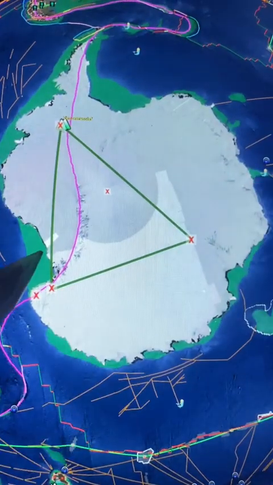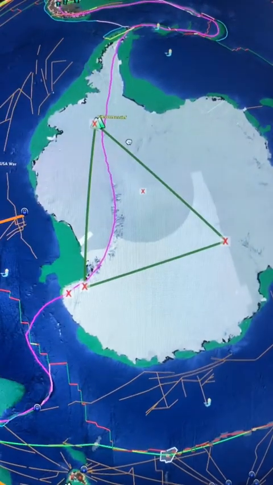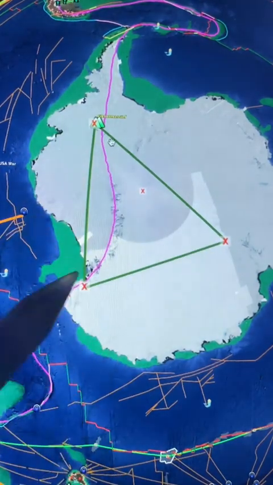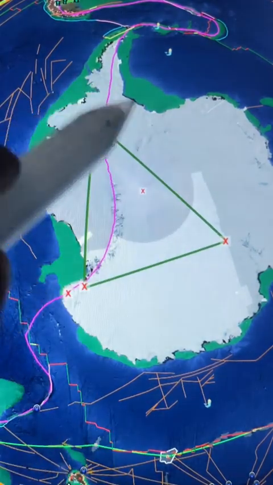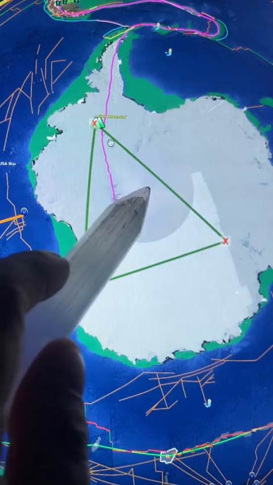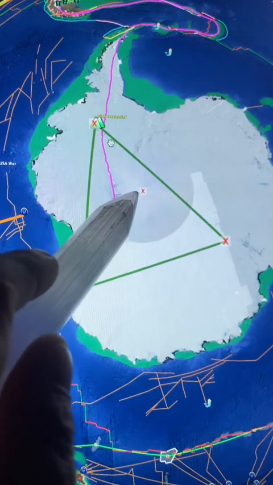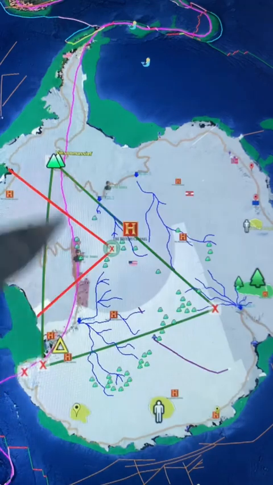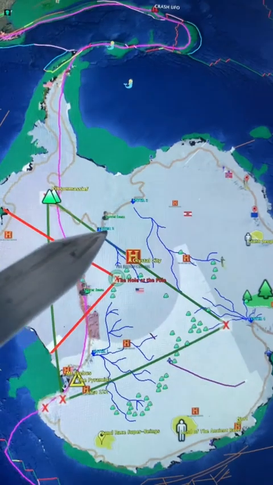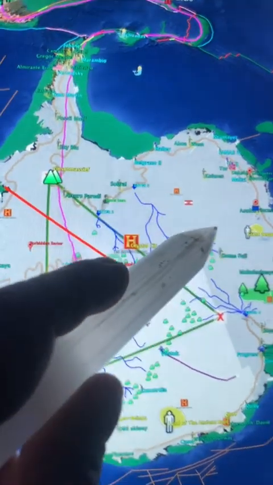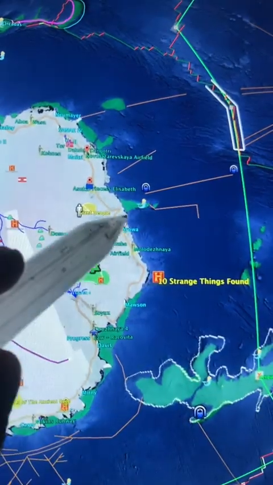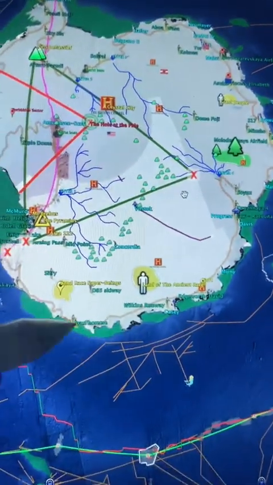And if we end with Antarctica, we have 3 alien bases. They are nearly in a triangle, nearly in the middle, near the South Pole point. Good. The layers you find first, the brown layers, are the layers really from the continent.